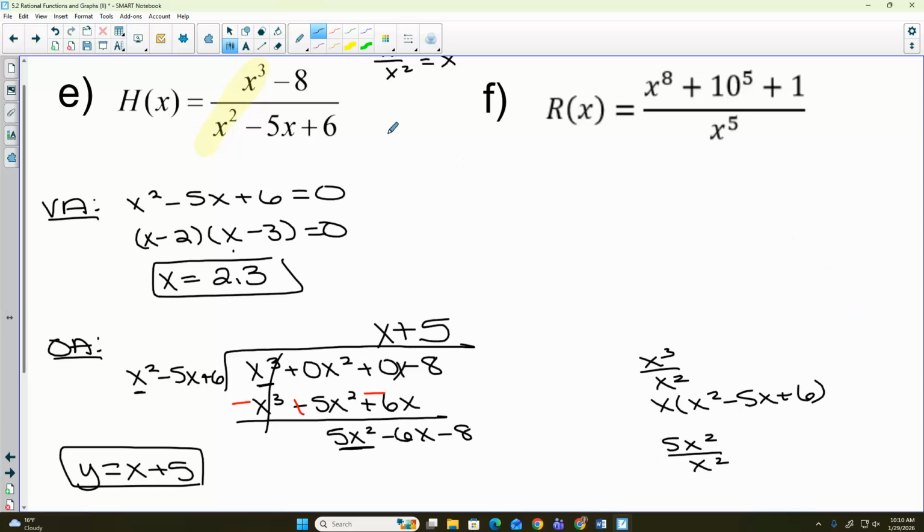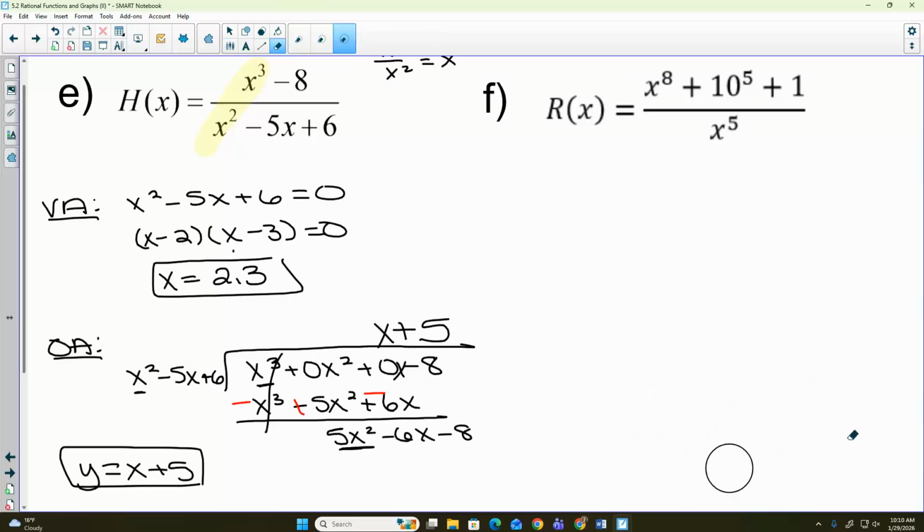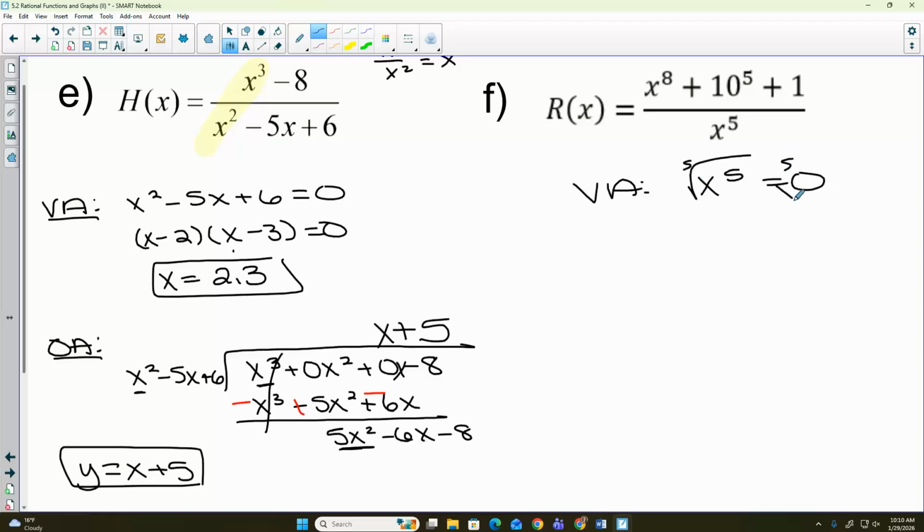Let's look at this one. My vertical. If I set x to the 5th equal to 0, do the 5th root, it's odd, you don't need plus or minus, you just get x equals 0. To decide horizontal or oblique, we divide our leading powers of x.